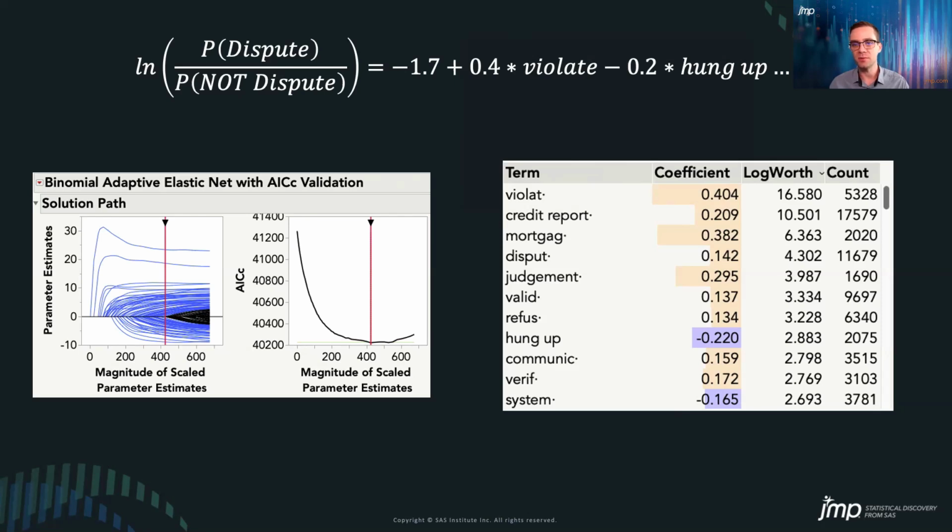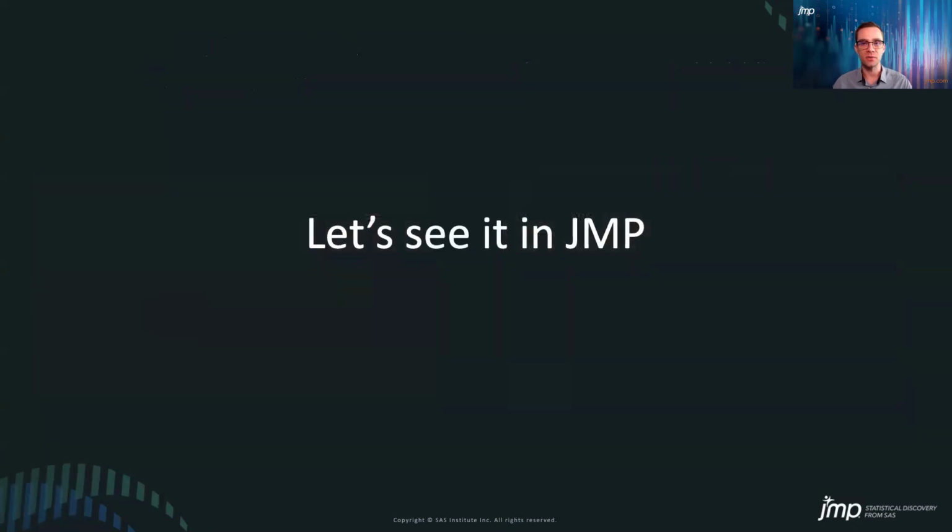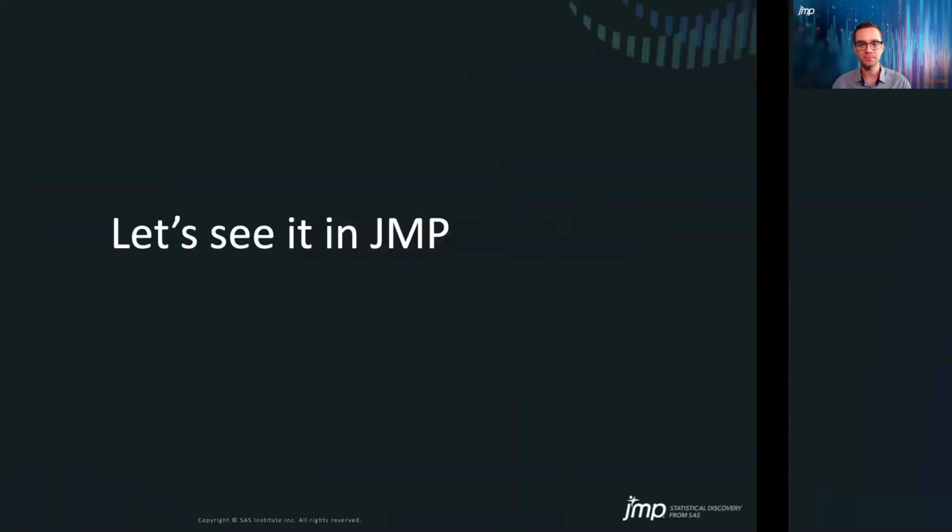So we have both the coefficient, telling us how strongly this increases or decreases the odds of a dispute, and the log worth, telling us how reliable our evidence of this is. And with that information, we can do a whole lot. We're about to see how as we move on over to JMP and actually perform this analysis.